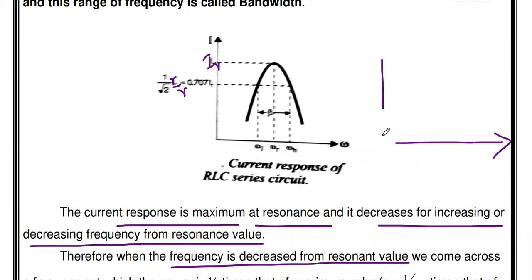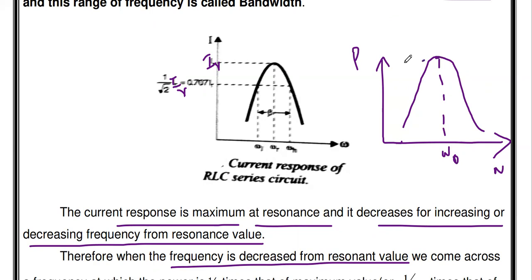Similarly, we may draw the power produced across the series RLC circuit versus frequency. The power graph is like that. We get the maximum power at the resonant frequency omega R or omega naught, where the power reaches the maximum value P_R.